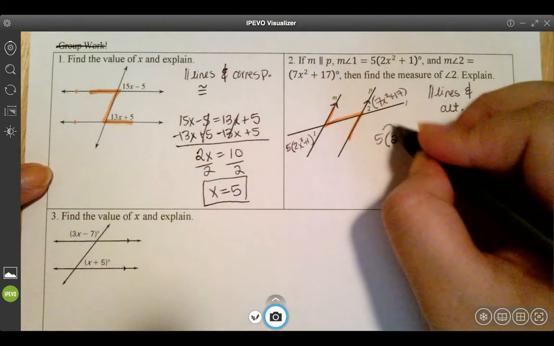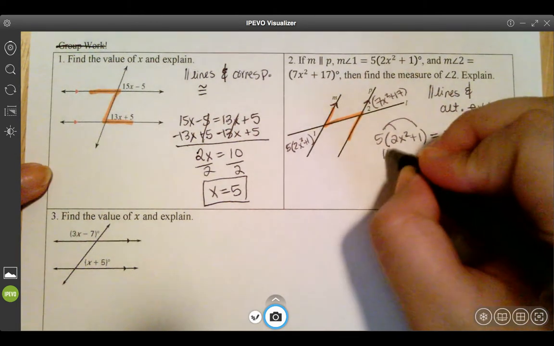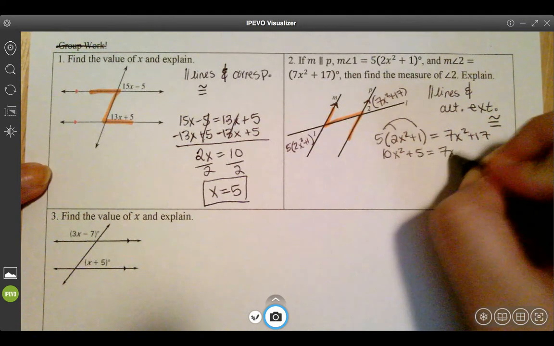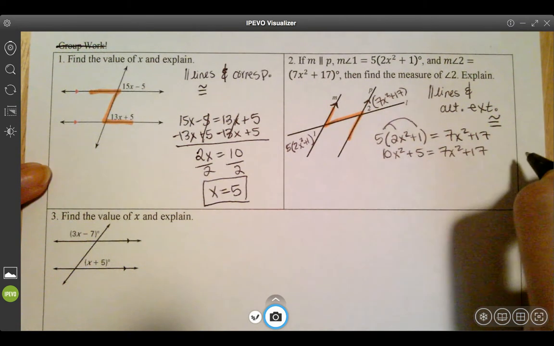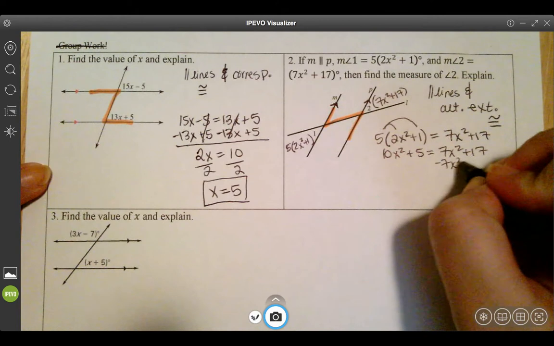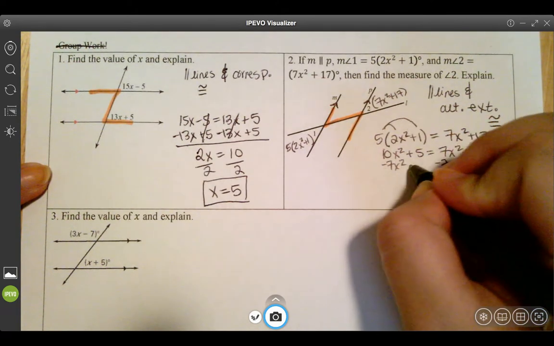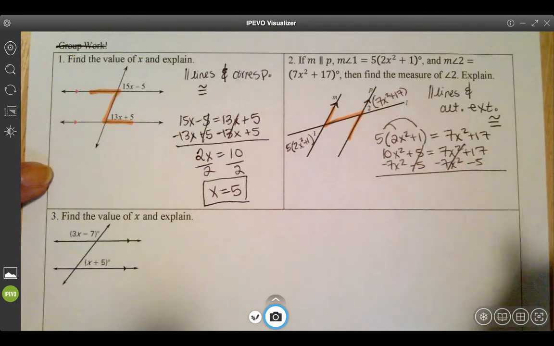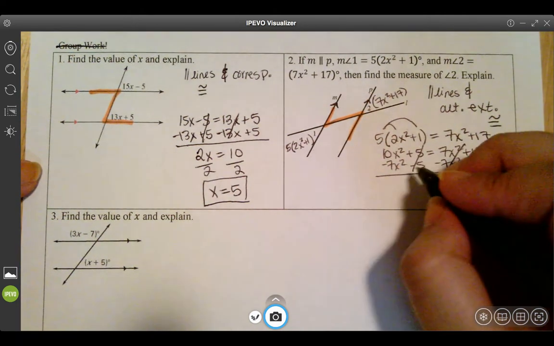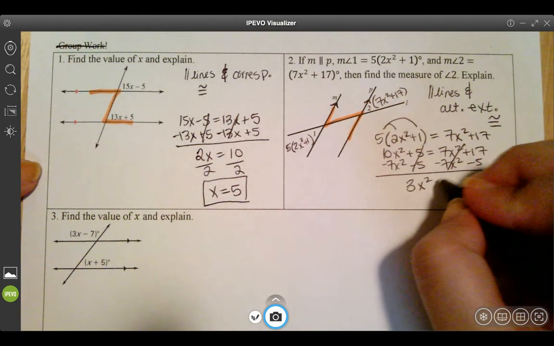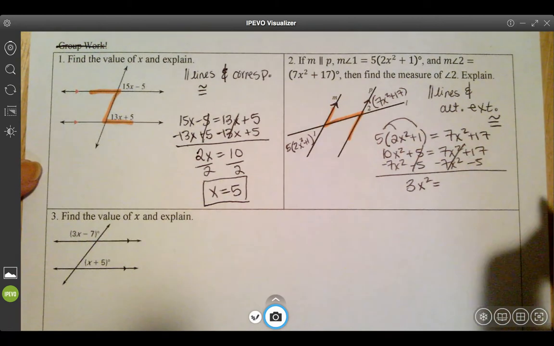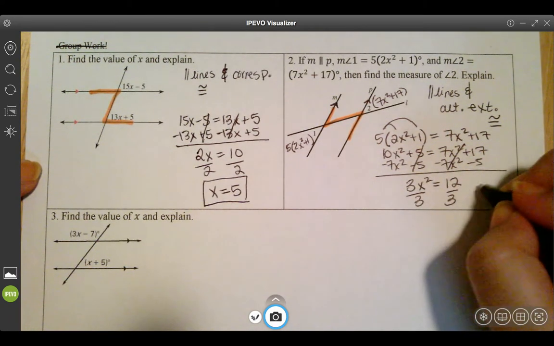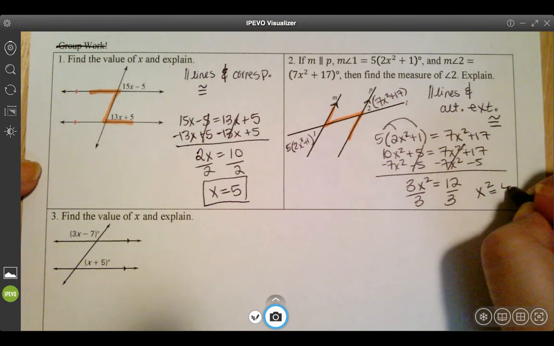Let's distribute this 5. So we have 10x squared plus 5 equals 7x squared plus 17, minus 7x squared, minus 5. 10 minus 7 is 3x squared equals 17 minus 5 is 12. Divide by 3, x squared equals 4.